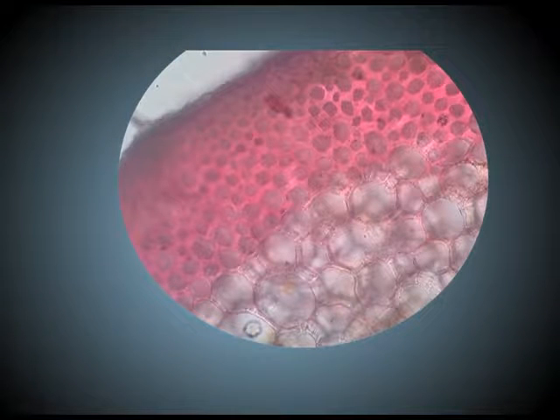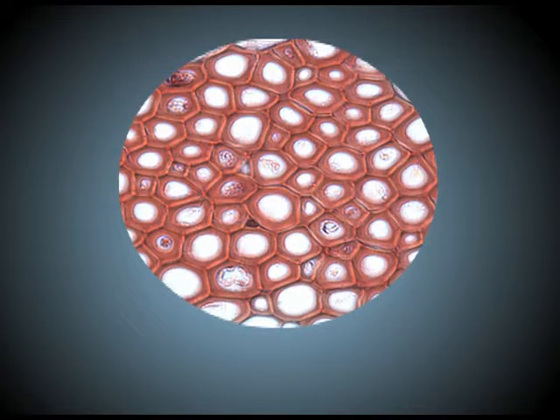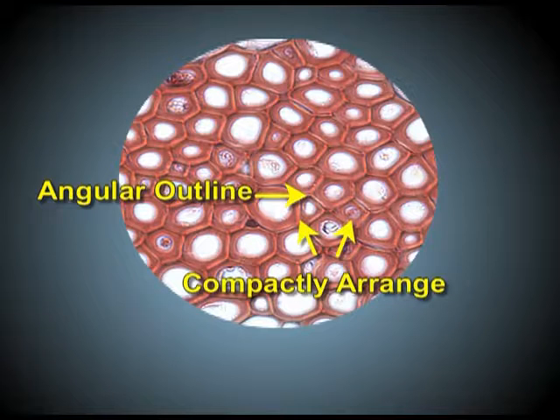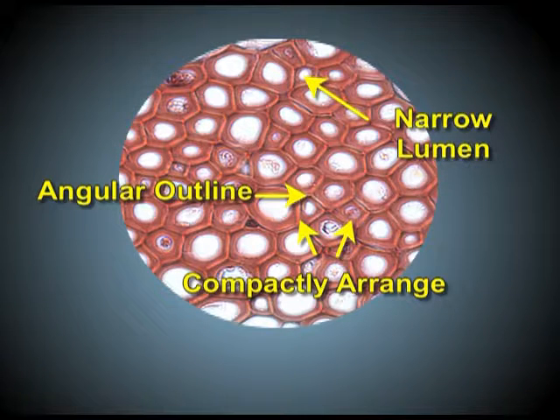Now, in contrast to this, we have thick walled cells as well in the hypodermis, and some of the cells of the cortex are thick walled. These thick walled cells have an angular outline, they are compactly arranged, they do not have intercellular spaces and they have a narrow lumen.